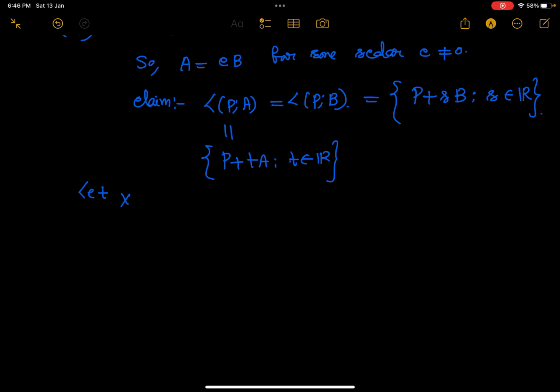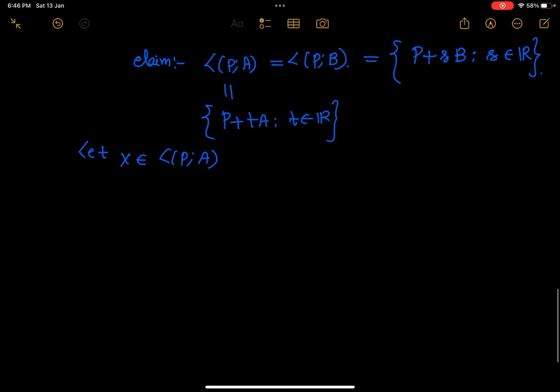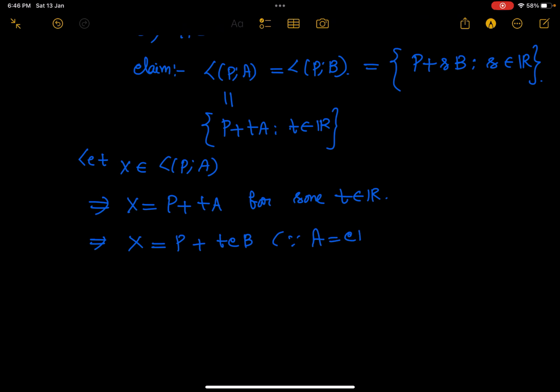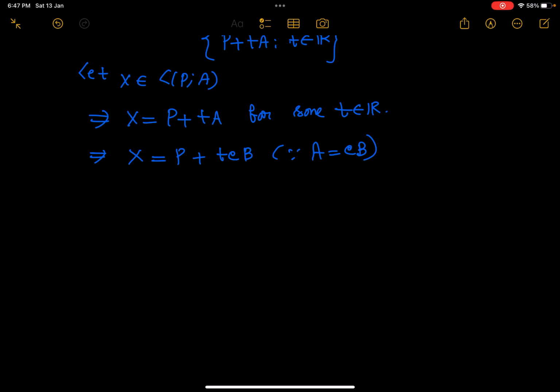First assume there is a point X in L of P comma A. Then X equals P plus TA for some T in R, which means X equals P plus TCB, since A equals CB. But TC is also in R, so X belongs to L of P comma B. So L of P comma A is a subset of L of P comma B.